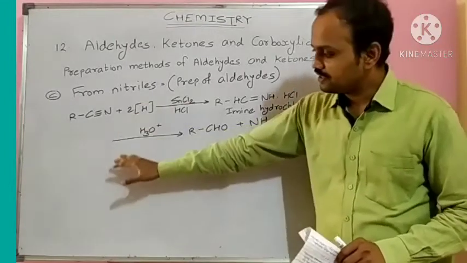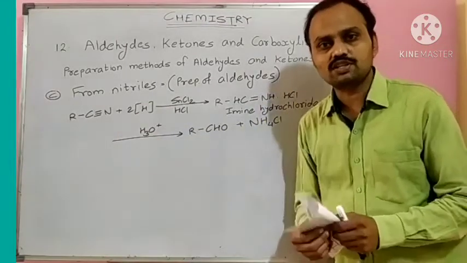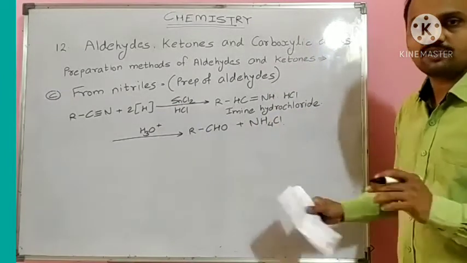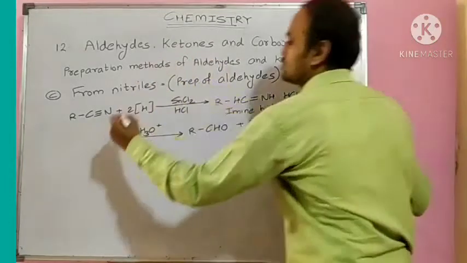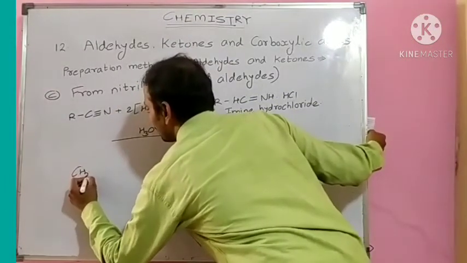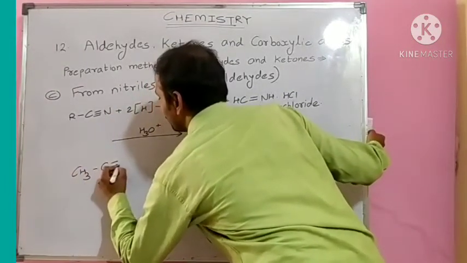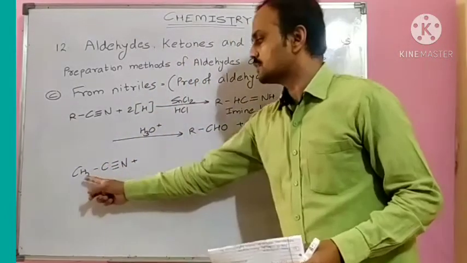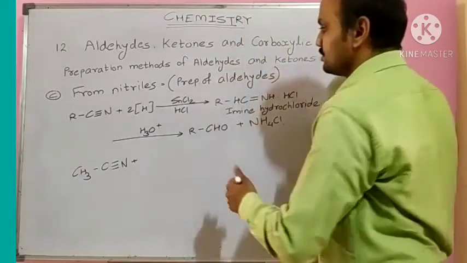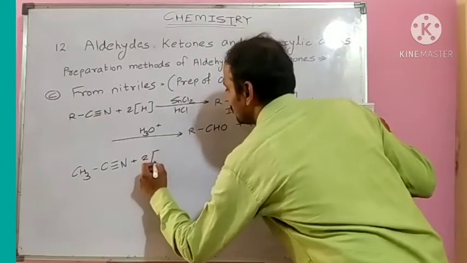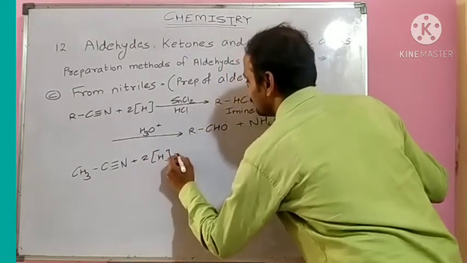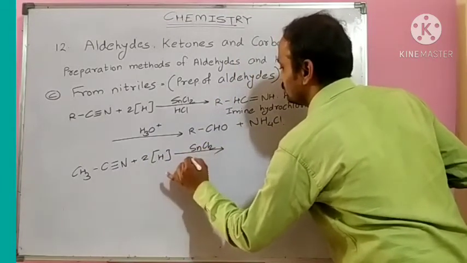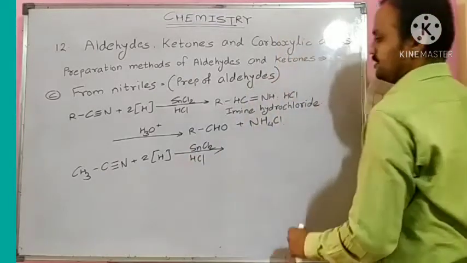Now I will write an example for this reaction, and we will try to write the names of the intermediate and final product also. CH3 C triple bond N, this is our nitrile, plus 2H, SnCl2 in presence of HCl.